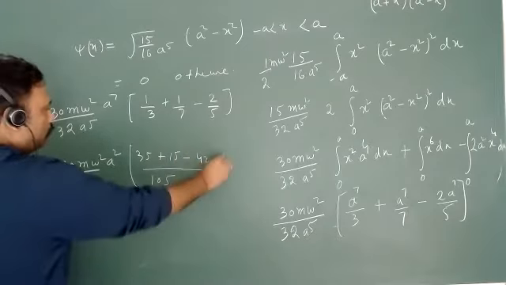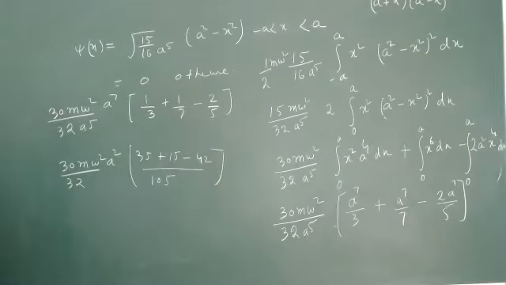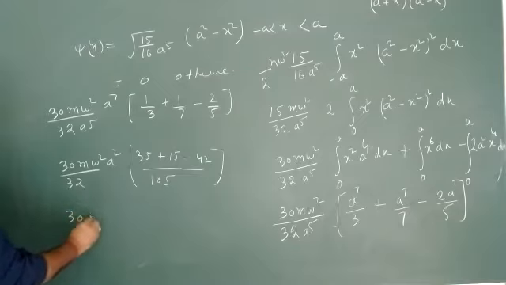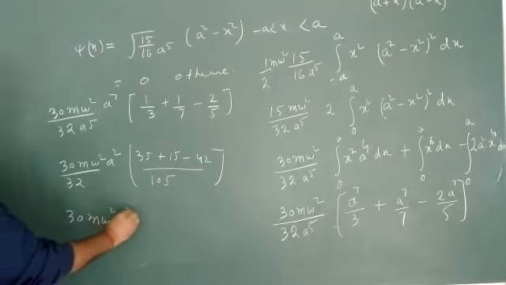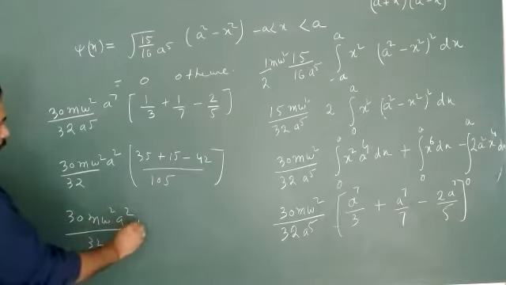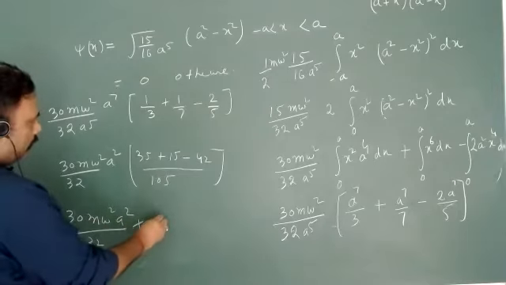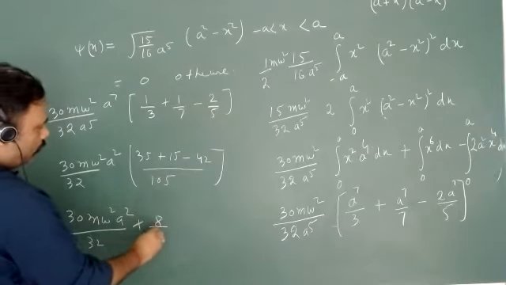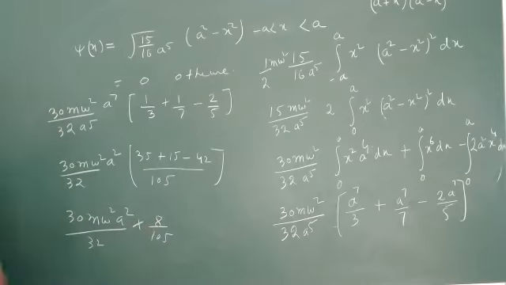Isn't it? 8 times. Am I doing it right? So that value is what? 8 upon 105. So this is 30 m omega square a square upon 32 into, I think, 8 upon 105. Correct?